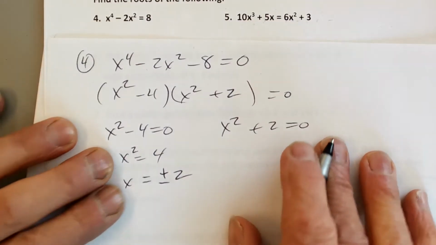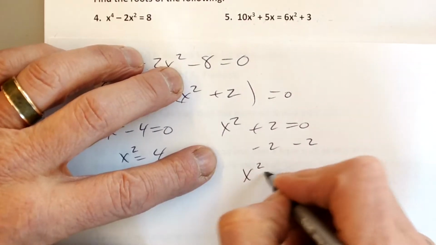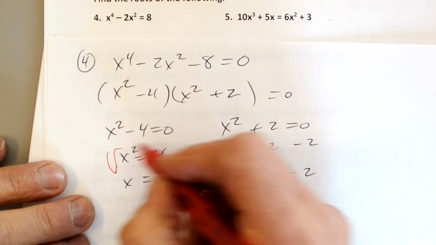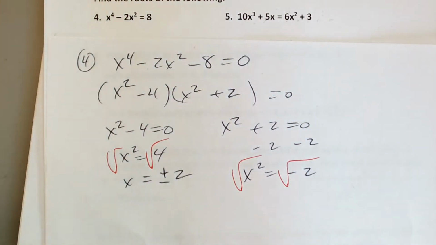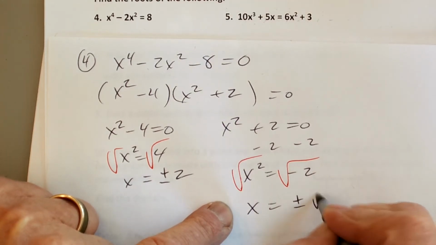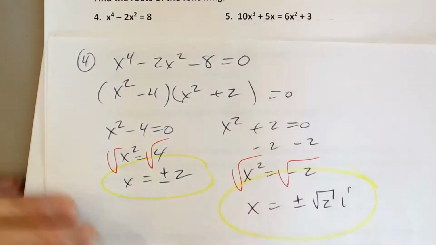And then on this one, minus 2, x squared equals negative 2, square root. And when I square root this, I'm going to get an i answer, but plus or minus, because I need 2 answers. x equal to plus or minus the square root of 2i. Okay, there's my 4 answers, plus or minus 2, and plus or minus the square root of 2i.